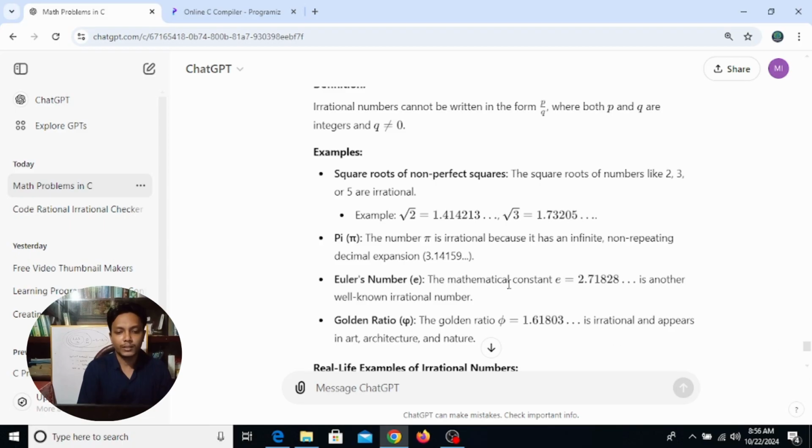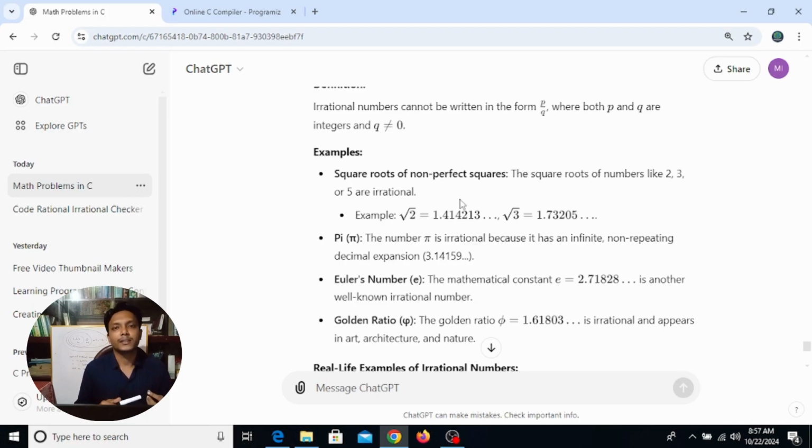Euler's number and the golden ratio are also irrational numbers. We will understand these later, and why they are used. For the time being, we just need to understand what a square root is, and what non-perfect squares and perfect squares are.